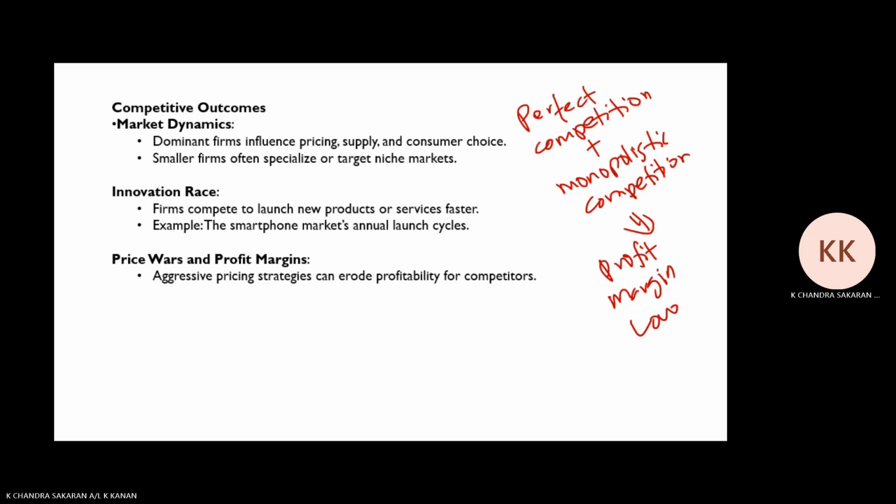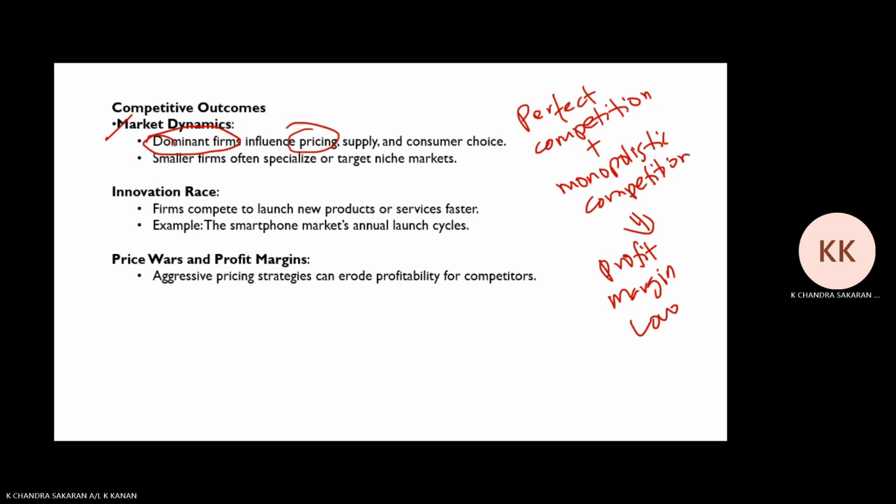Okay. So market dynamic, very important. Who are the dominant firms in the market? If there are many firms, is there any firm that dominates the market or not? The firm that dominates the market controls a big market share. So if there is a dominant firm in the market, they are the ones who set the pricing.